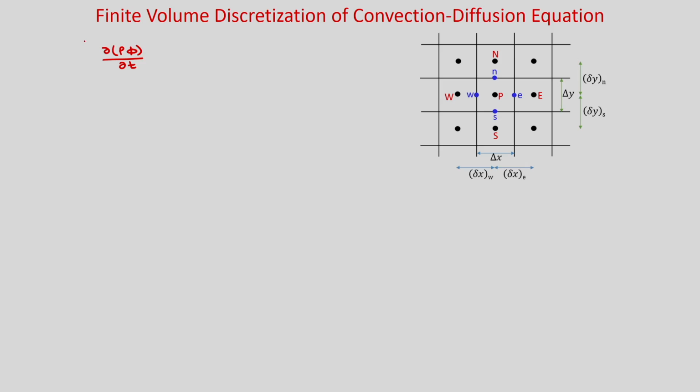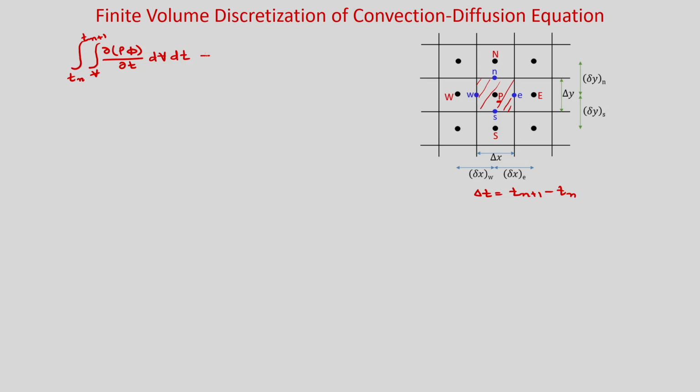Now you integrate over time t n to t n plus 1, where delta t is your time step, t n plus 1 minus t n, and volume integral. This is the main cell P in which we are integrating. So, here we are integrating dV dt.